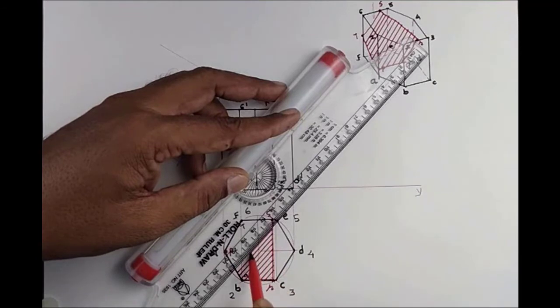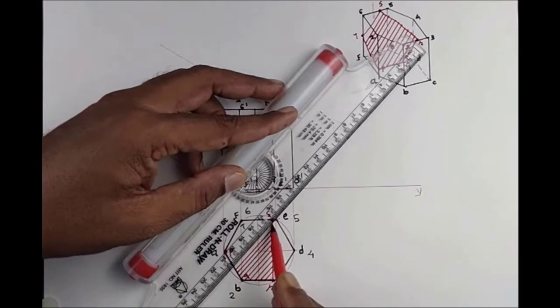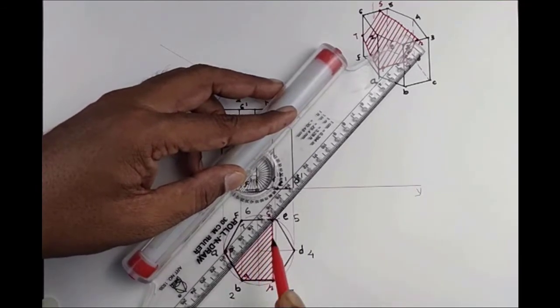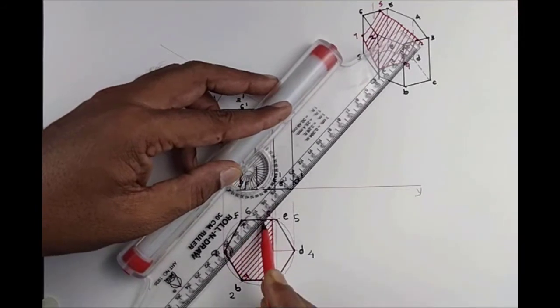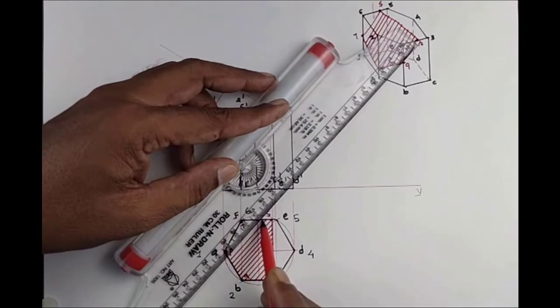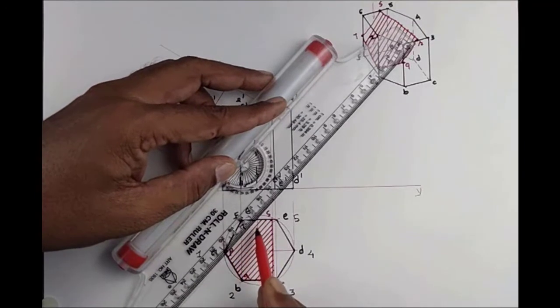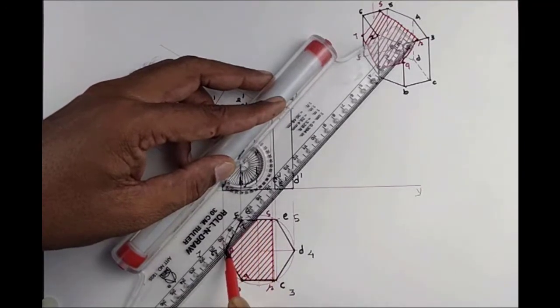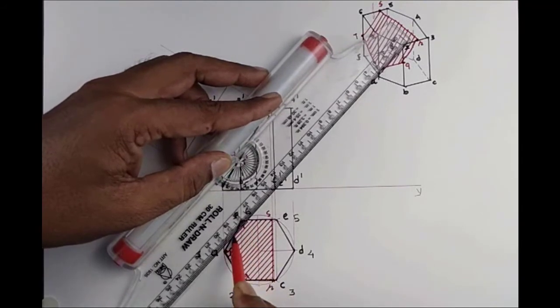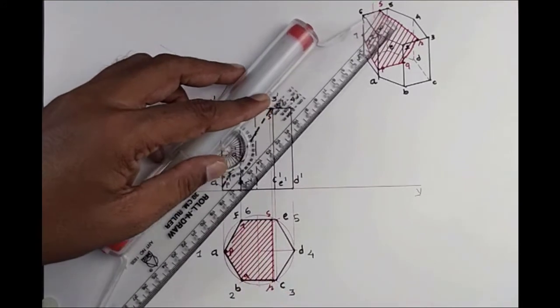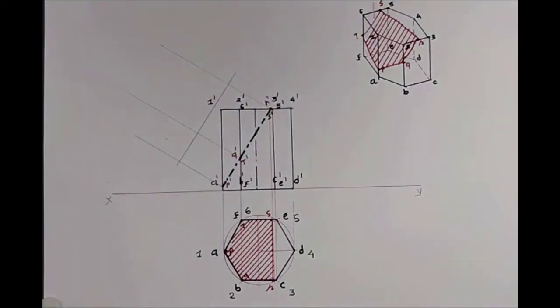Your section line must be inclined at 45 degrees, and the distance between two section lines is 2 to 3 mm. So this is our apparent shape.